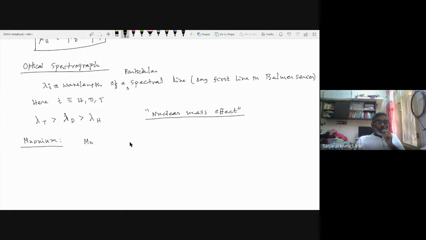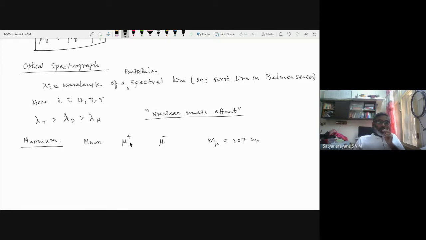Muon comes like the electron. So you have mu plus, and it has an antiparticle mu minus. Now the mass of this muon is something like 207 times that of the electron. So it's actually a heavy electron. Charge is the same as that of the electron.